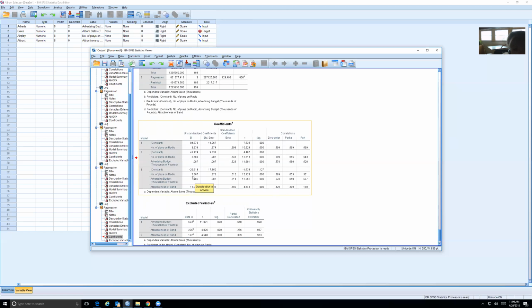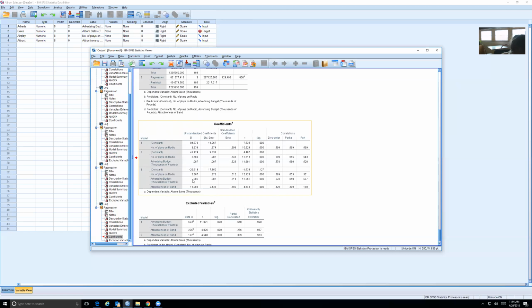In fact, we can look at thousands. Oh, it's not money, it's actual flat out album sales. So you have 0.08 times 1,000 album sales. You will sell 80 more albums for every 1,000 pounds that you put into the advertising budget, accounting for radio plays and attractiveness of the band.